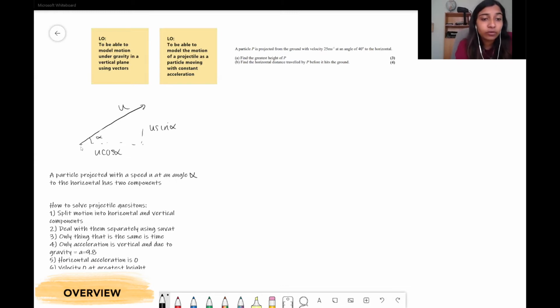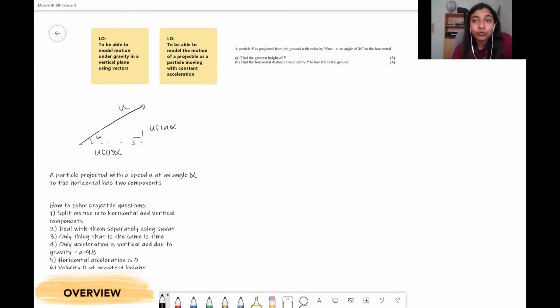This is with a right angle triangle. Your horizontal component would be u cos alpha, and your vertical component would be u sine alpha. Once you've split your velocity into two components, then you can solve your projectile questions normally using our CVAT equations.